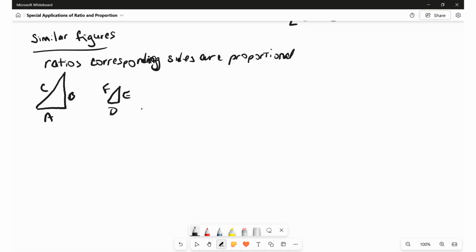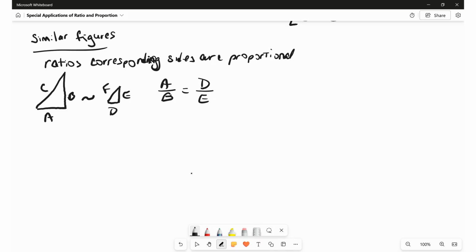Because we are told that these two triangles are similar, using the little mathematical symbol for similar, then we can say that the ratio of A over B is the same as the ratio of D over E.